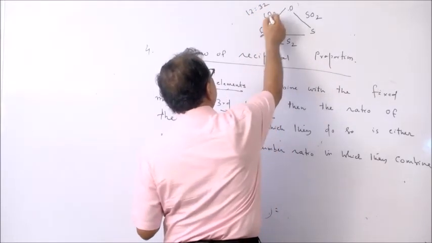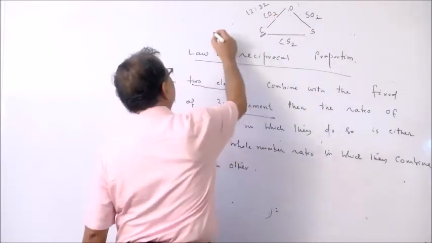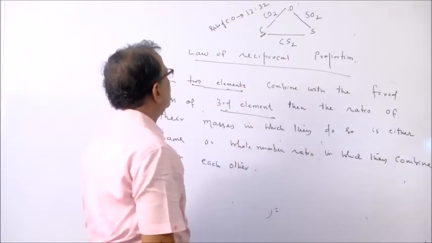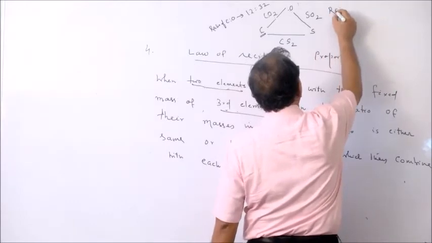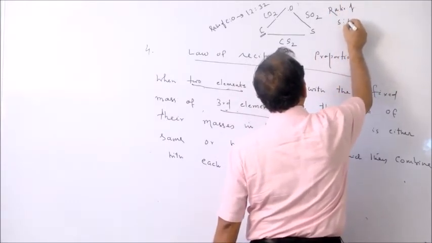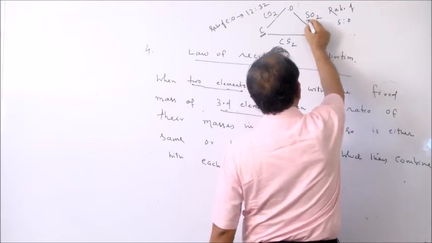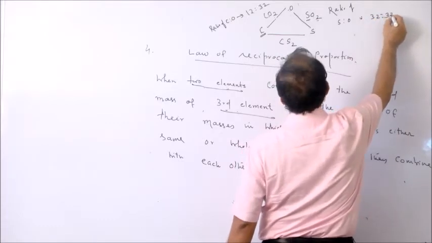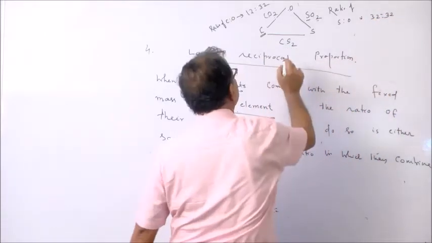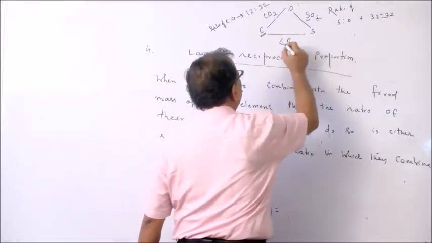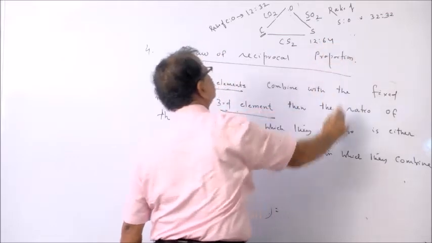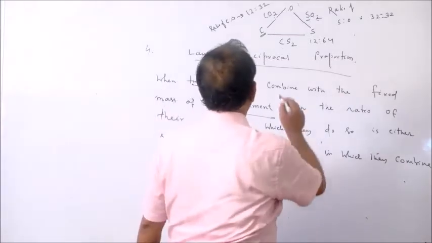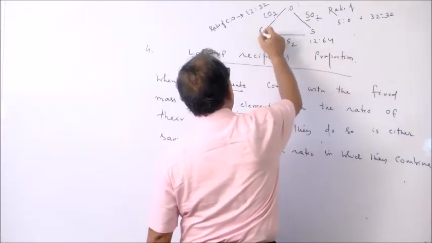In carbon dioxide, the ratio of carbon to oxygen is 12 to 32, with oxygen 16 and 32. In sulfur dioxide, the ratio of sulfur to oxygen is 32 to 32. In carbon disulfide, it is 12 to 64.